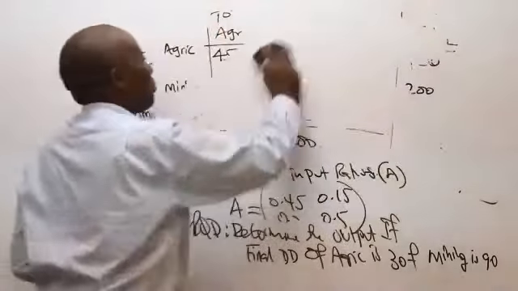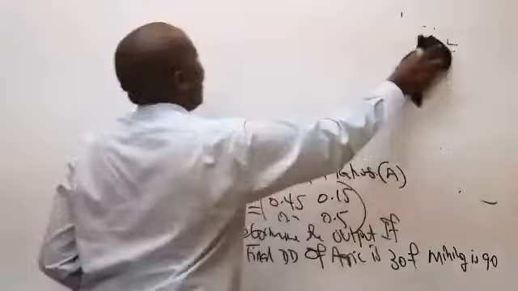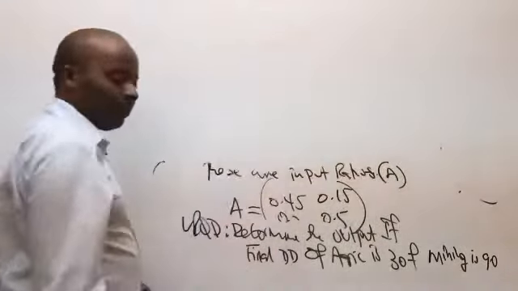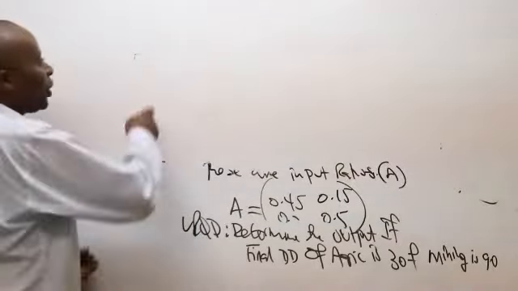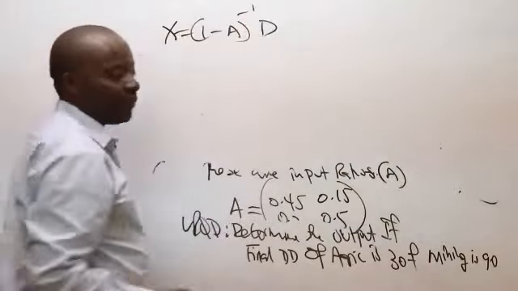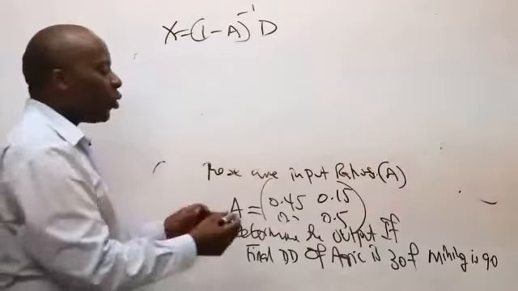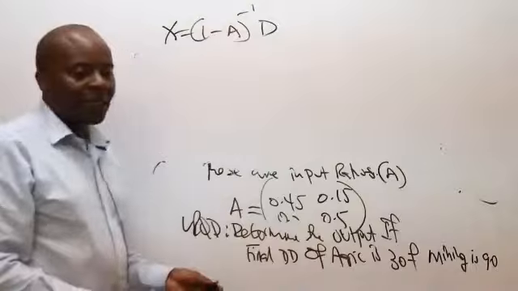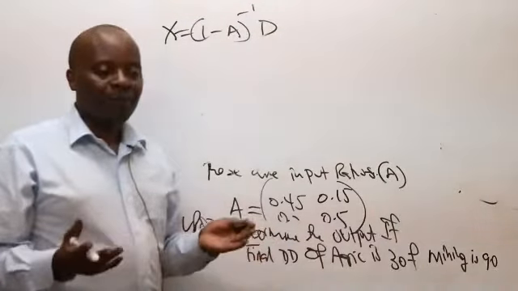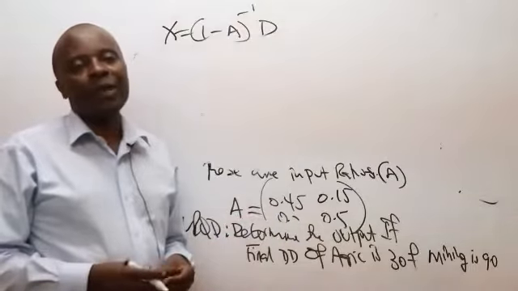I need to remember Leontief's inverse model, which tells me that X should be equal to (I minus A) inverse times D. Then you go through the entire process that I showed you a few minutes ago.